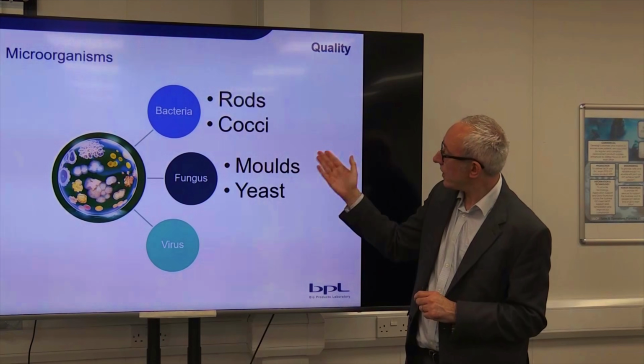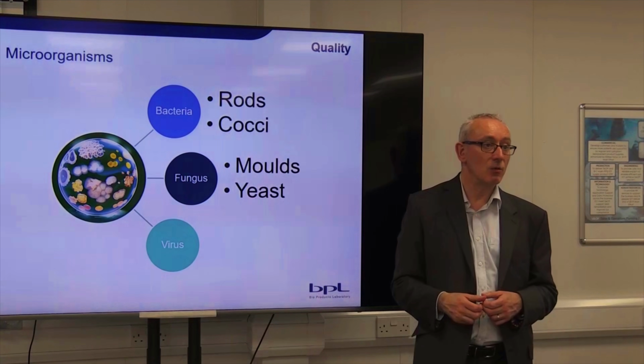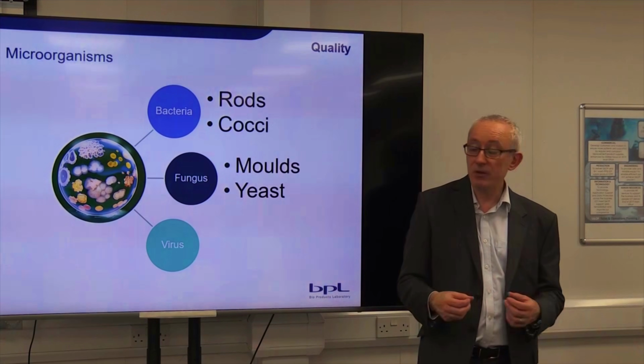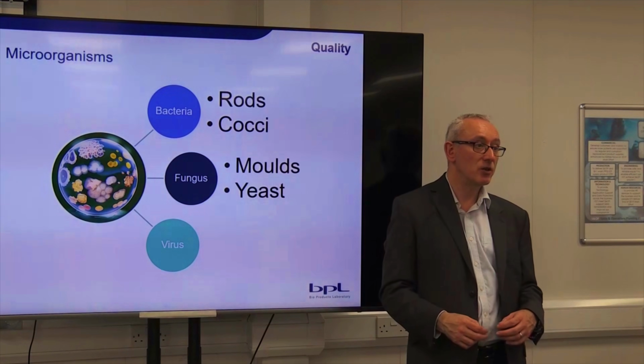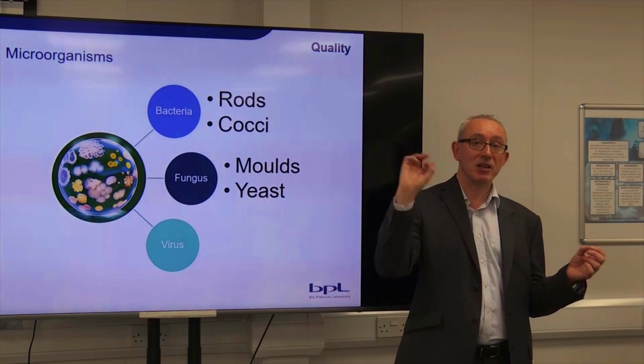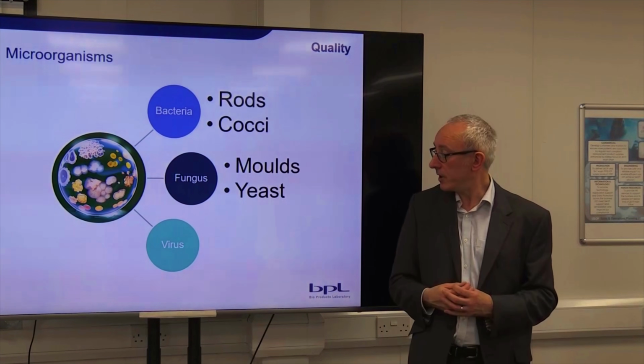And then the fungi are divided up into yeasts, a common yeast like Candida, for example, or moulds, which, if you get black spots appearing in your bathroom, is the kind of mould that might be there.